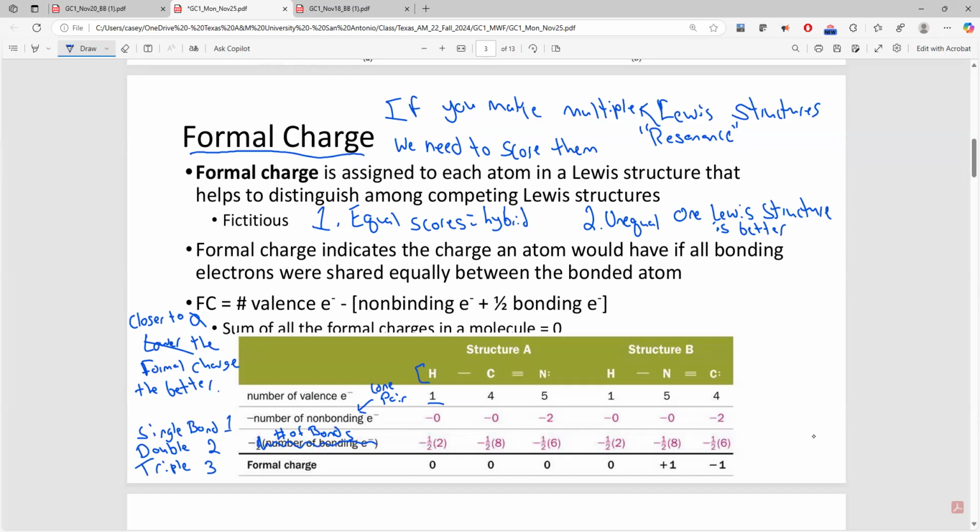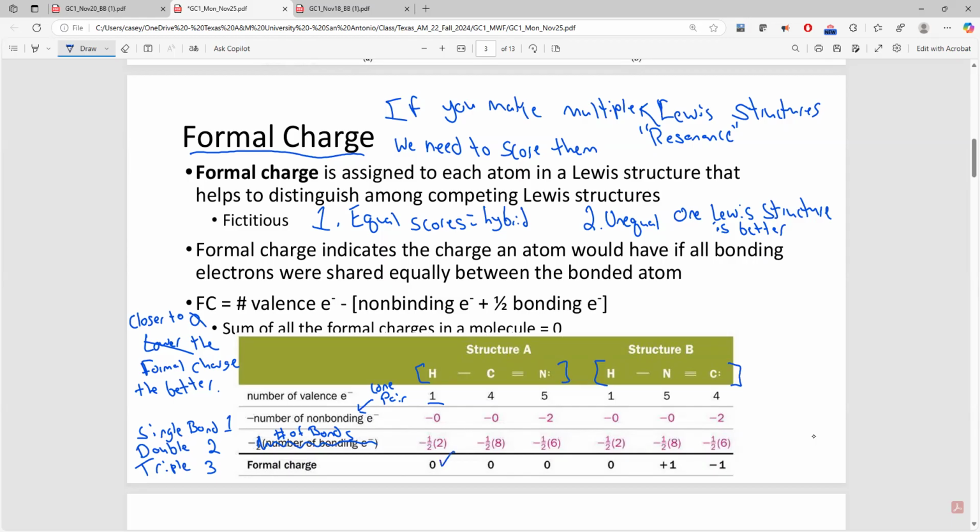So let's take a look. We have two structures here in this table. I've just bracketed them so we can look at the two structures. And I want to know which structure has the better formal charge, which Lewis structure is correct. So hydrogen has 1 valence electron. In this structure, no lone pairs. We have 1 bond, 1 minus 0 minus 1 is 0.